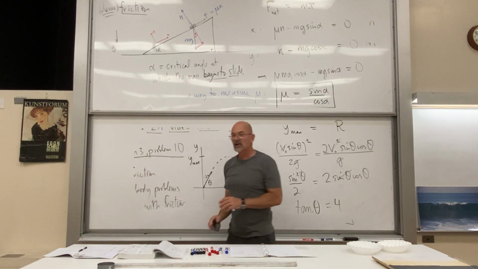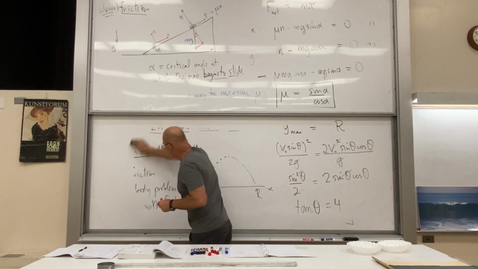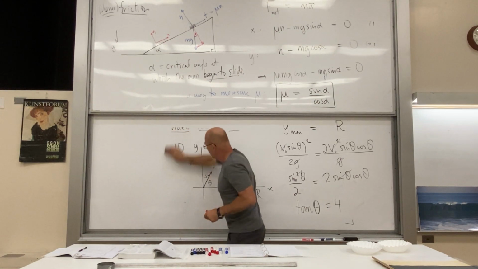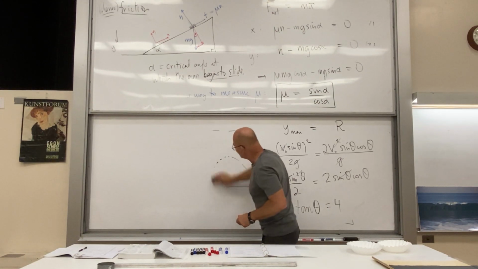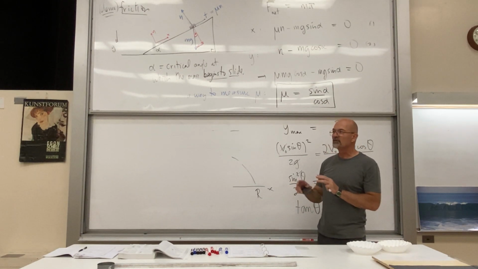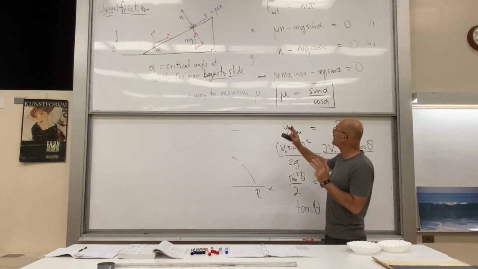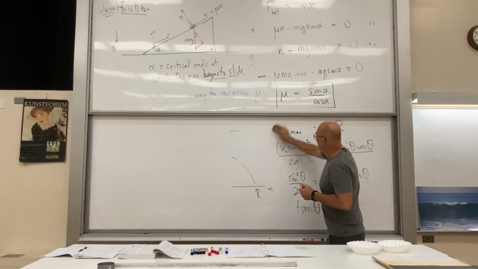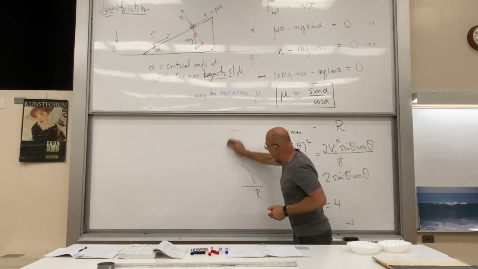Unlike the book, I'm not plugging any numbers in, and you'll see that's better. As I've said before, you guys, as far as possible, you want to solve the problems with no numbers, just symbols the way I did here, and put the numbers in at the very end.